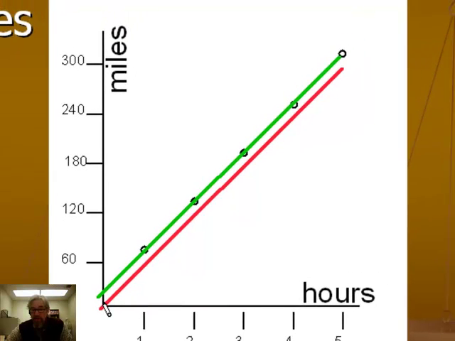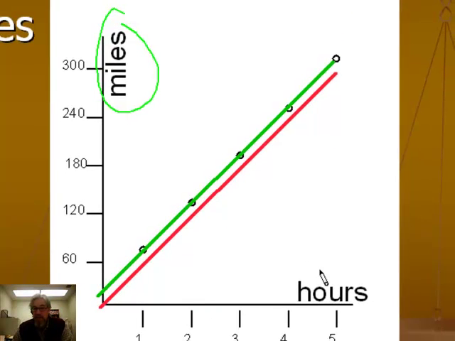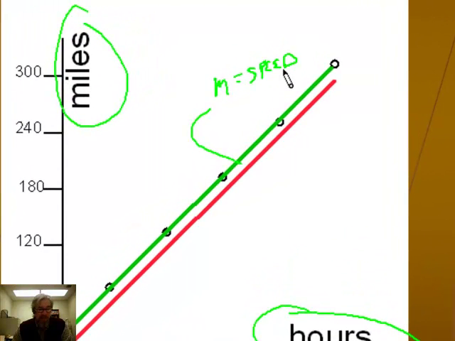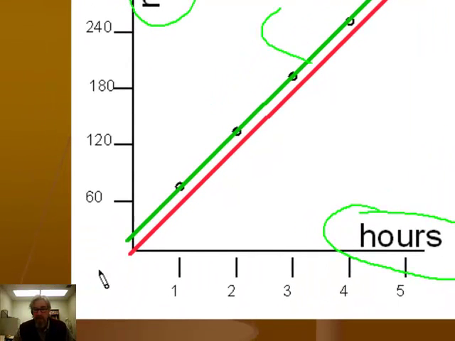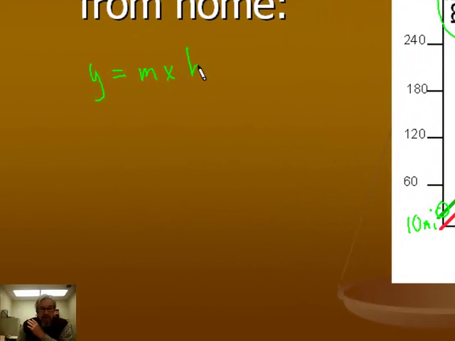Y in this graph is distance, miles. X in this graph is hours. Slope is speed. The y-intercept, well, that's just where were we when we started, really, and that's 10 miles. So the equation of this line is, remember, the equation of a general line is y equals mx plus b, where b is the y-intercept and m is the slope.